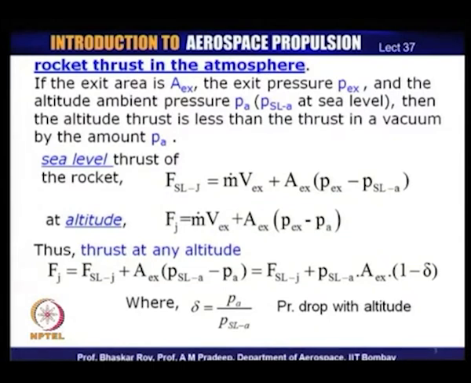Now, this is something which varies with altitude. As the rocket is continuously changing its altitude, the actual pressure at which it would be operating is continuously changing, and hence the second term is continuously changing, and as a result the actual value of the thrust would be a continuously changing phenomenon.